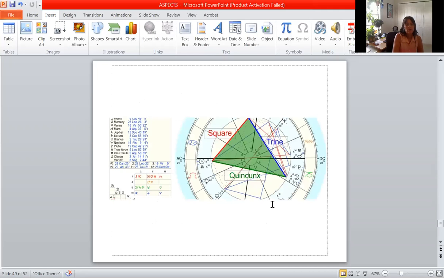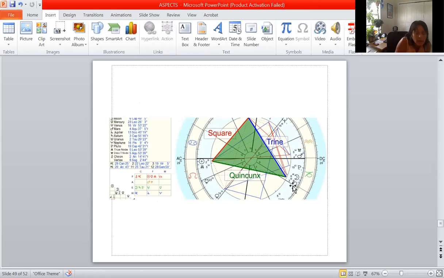Here is a chart that shows a few of them. With the quincunx, if we look at the Sun over here on the ascendant, and the opposite would be there, it would be one sign back or the other way, either there or there.